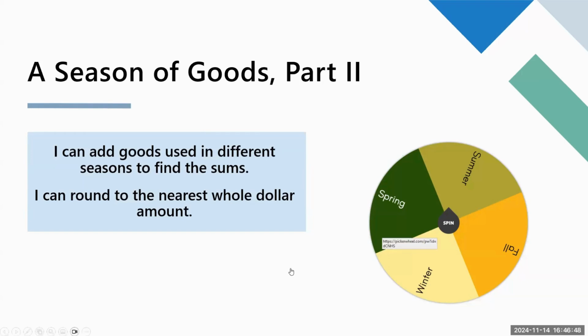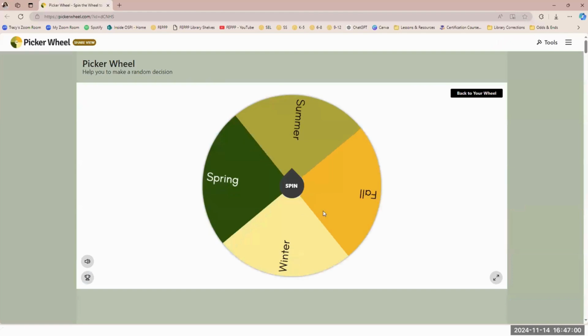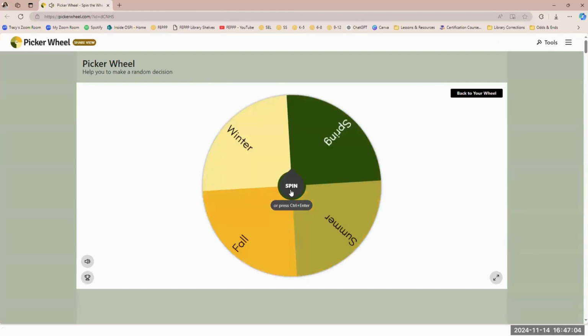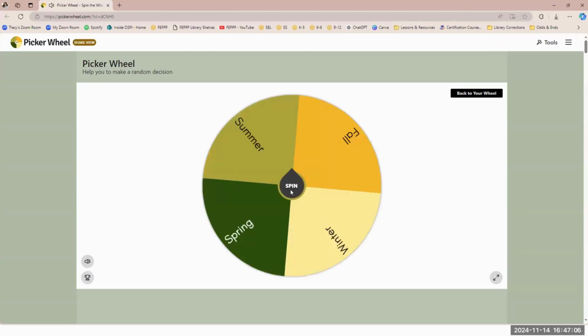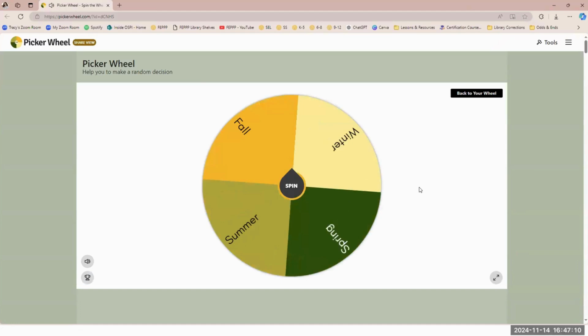What I did here was link a picker wheel just for a little bit of interactive options. So if you click on there, it'll show up with your seasons. And if you want to let the kids, if you have a projector screen, let them click the wheel and now they've been assigned fall.